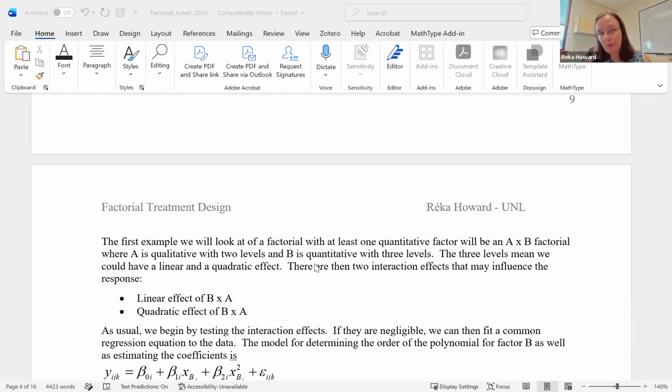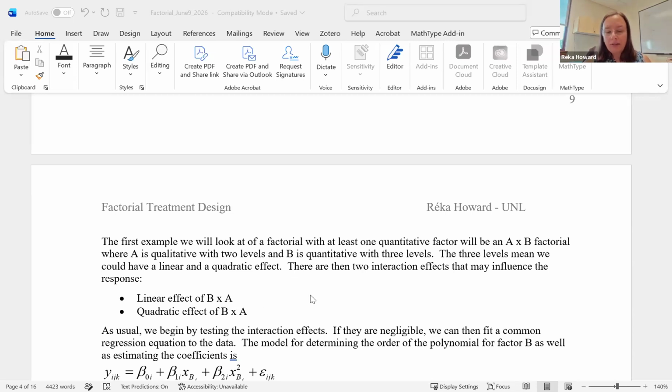So in, for example, SAS, I have to specifically say that A is a classification variable, and then I don't do that with B. Then my software will know that B is a quantitative factor. Also, since we are doing regression, the default is a type 3 sum of squares, and now I have to actually include a type 1 sum of squares for calculating our effects.